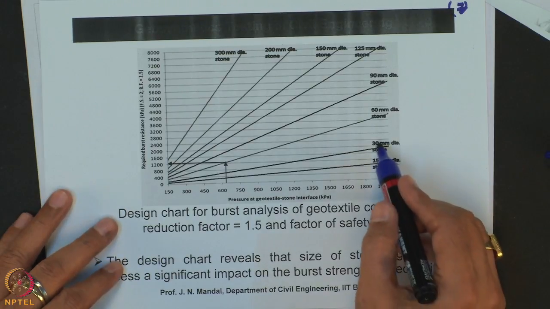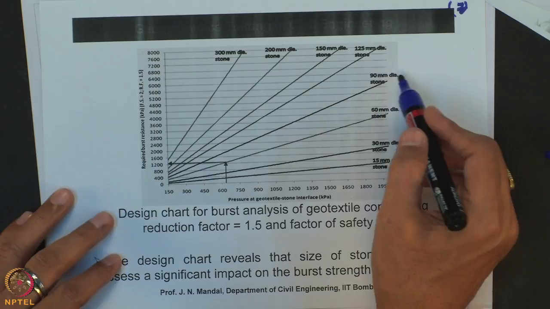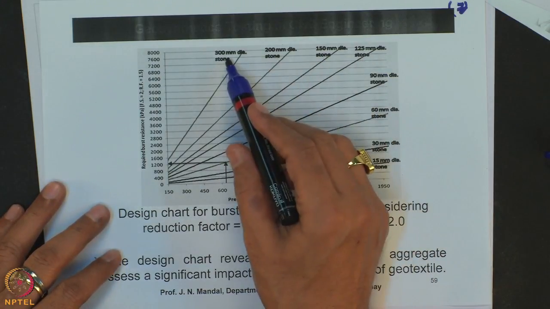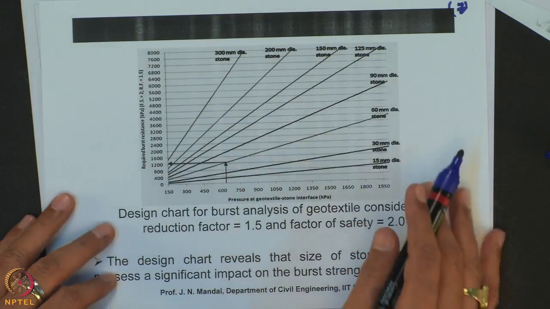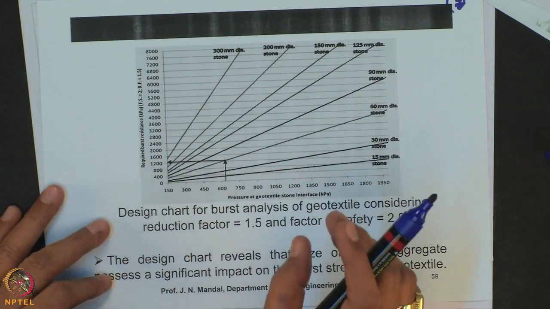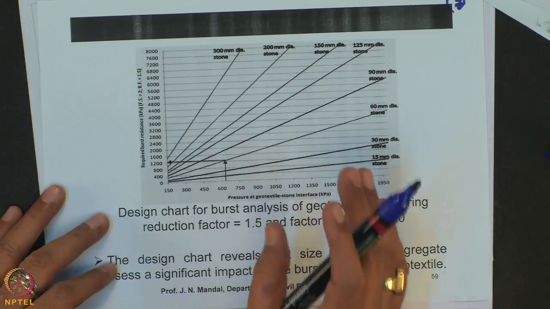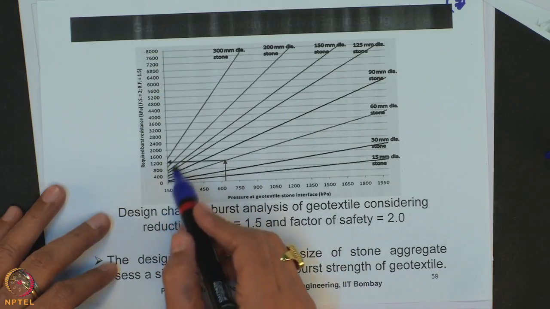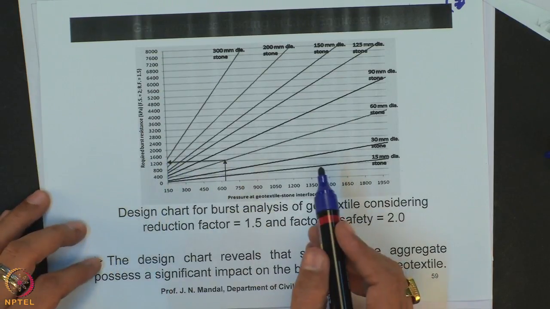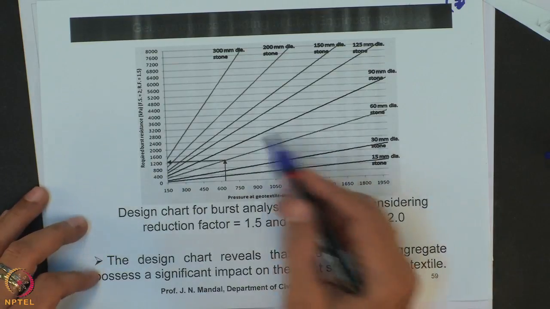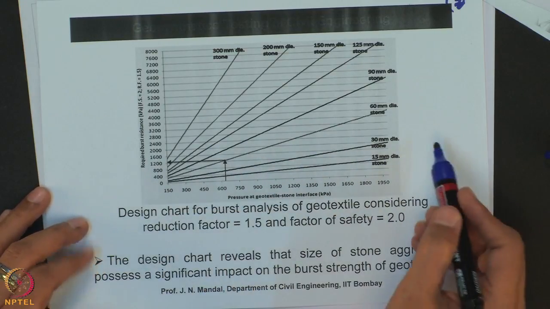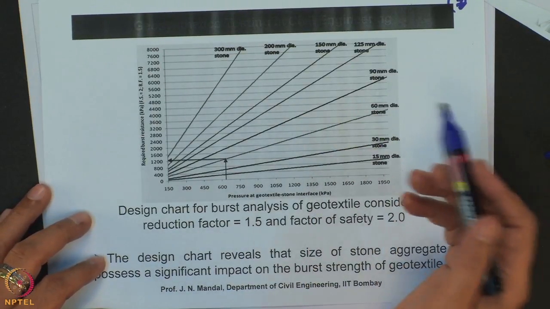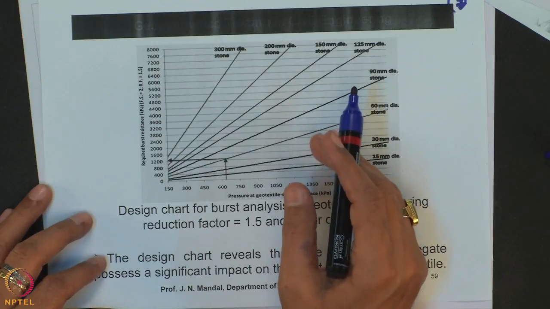It may be 15 millimeter, 30 millimeter, 60 millimeter, 90, 125 millimeter, 150 millimeter, 200 millimeter and 300 millimeter. If you know the pressure at the geotextile stone interface, then you can calculate the required burst strength. This design chart reveals that the size of the stone aggregate has a significant impact on the burst strength of the geotextile material.